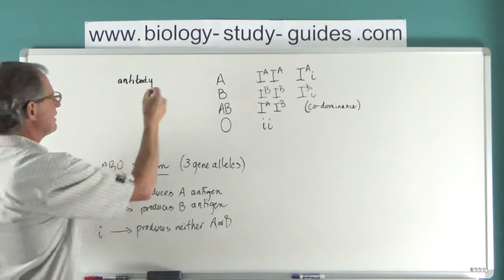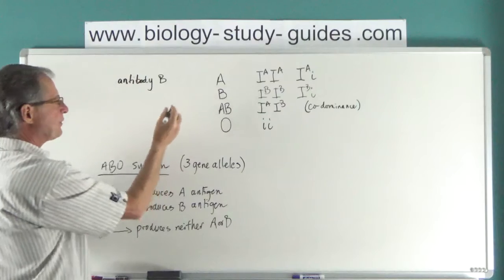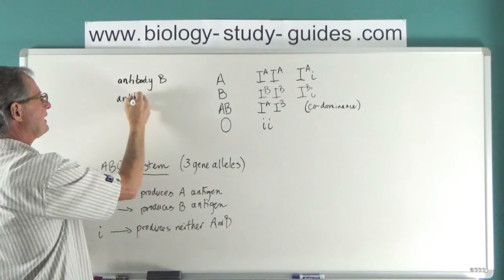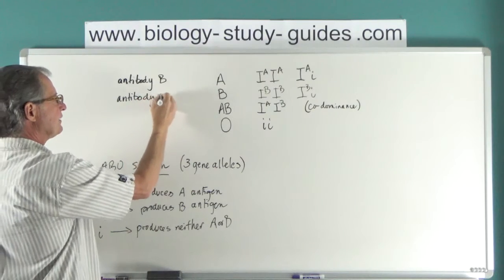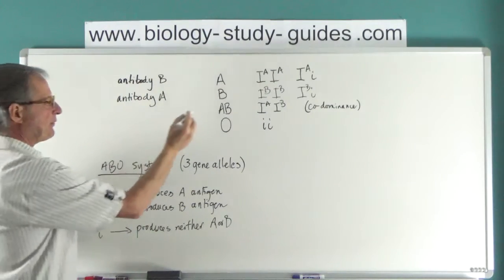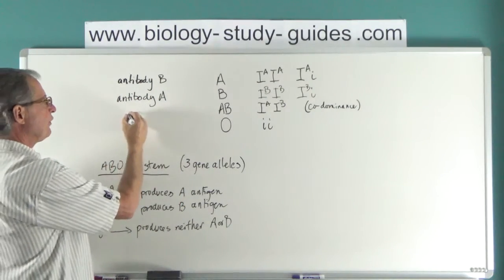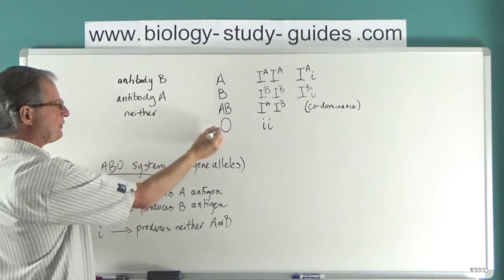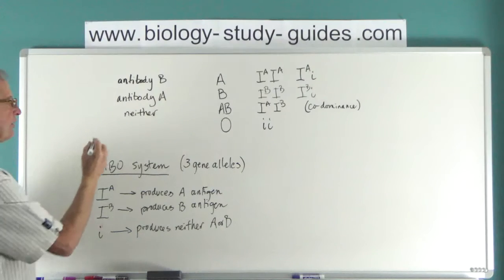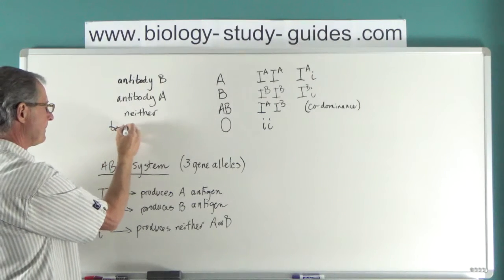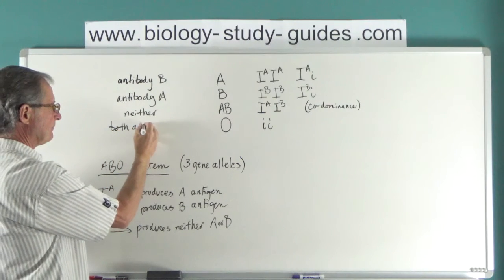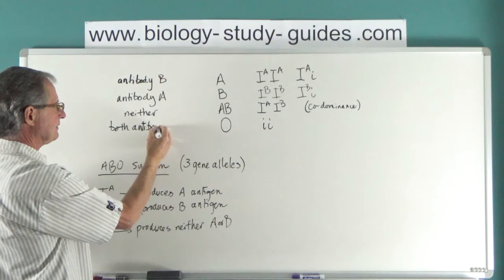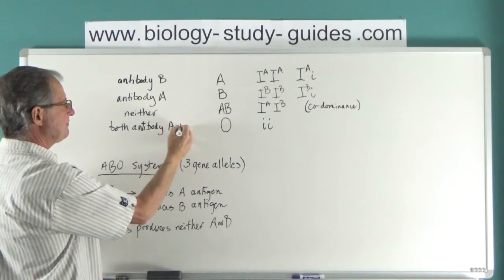A person with blood type B could have antibody A in their plasma. A person with blood type AB would have neither of these. And a person with blood type O could very well have both, antibody A and B.